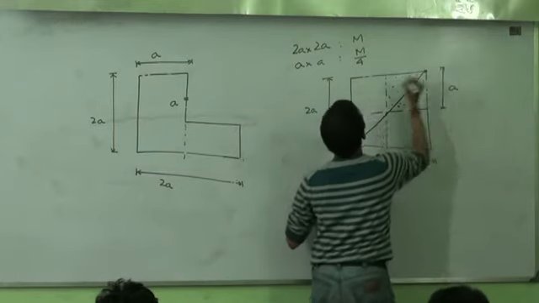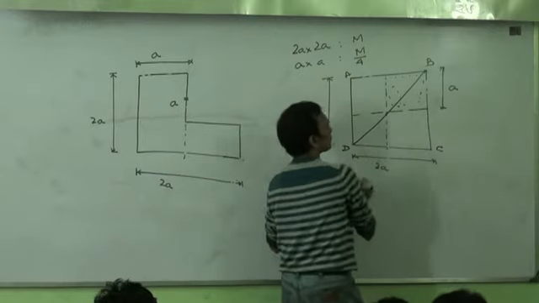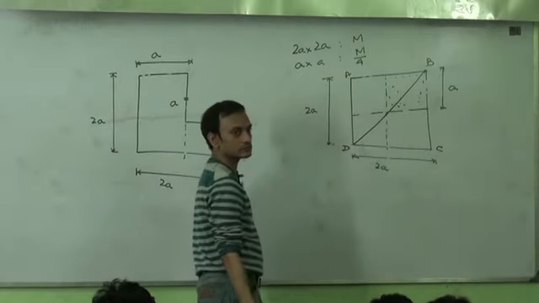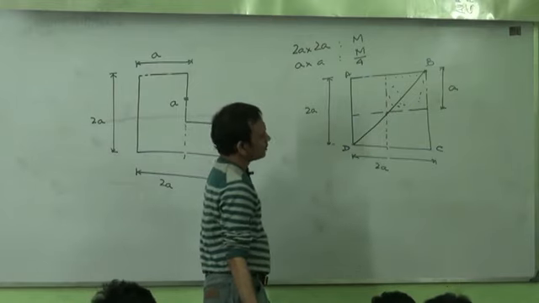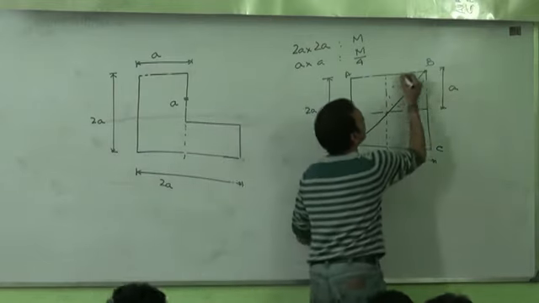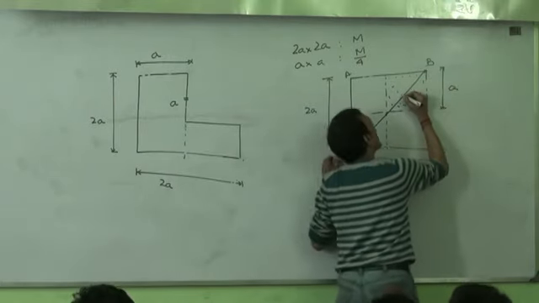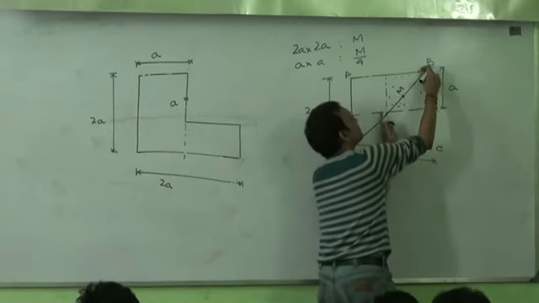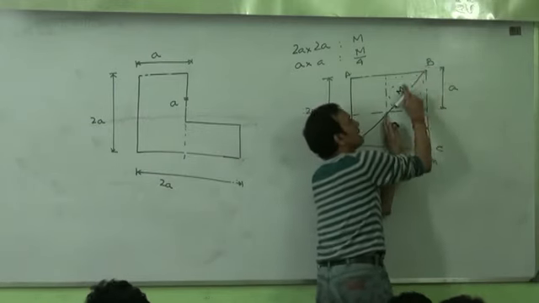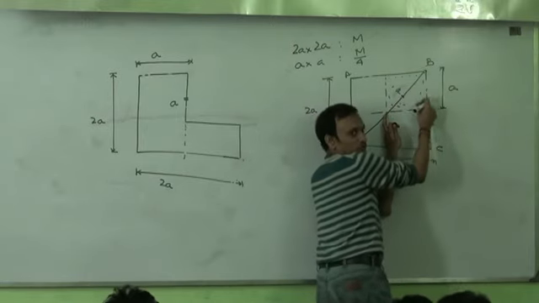Now, this is the diagonal of the bigger square. And the portion which is removed, which is M by 4, has its center of mass at the midpoint of this diagonal. At the midpoint of this, call it P, the center of mass of the removed portion lies.